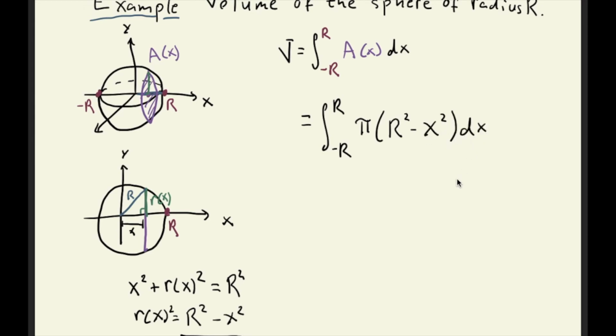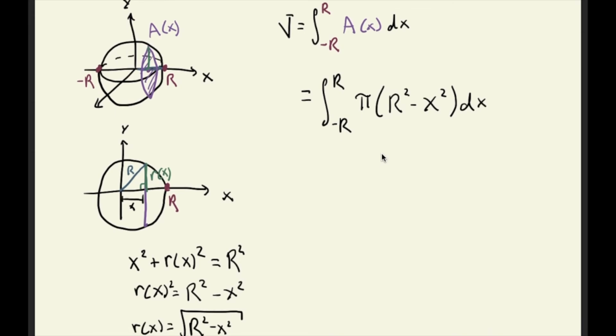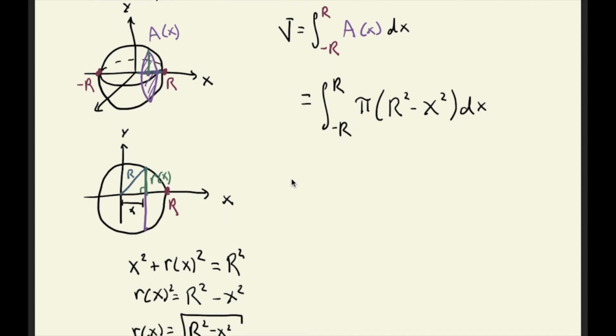Okay. And as I said, you can use a little trick here to make your life a little bit easier. Because this function that you're integrating is an even function, you could do 2 times the integral from 0 to r. But since I did that in class, now I'll do it without that trick. So if you do that, then the antiderivative of pi r squared, that's just a number, right?